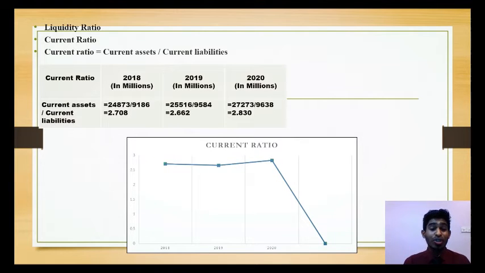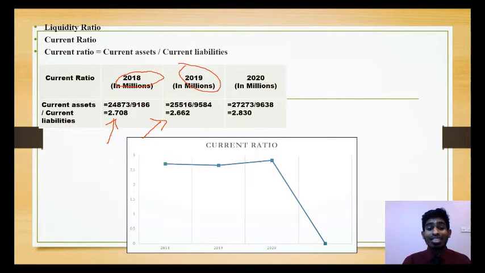Now we are in liquidity ratio. Under liquidity ratio, there is the current ratio. The formula of current ratio is current assets divided by current liabilities. The current ratio evaluates an organization's capacity to satisfy short-term obligations that are expected within a year. The latest current ratio given in the graph and the table below shows a declining trend from 2018 to 2019, that is from 2.708 to 2.662.